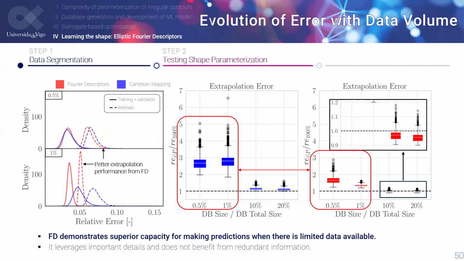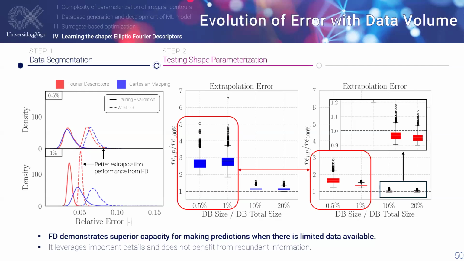As you can see, it does. If you train on only 1% of the data, the extrapolation error is lower with elliptic Fourier descriptors than with the Cartesian mapping.